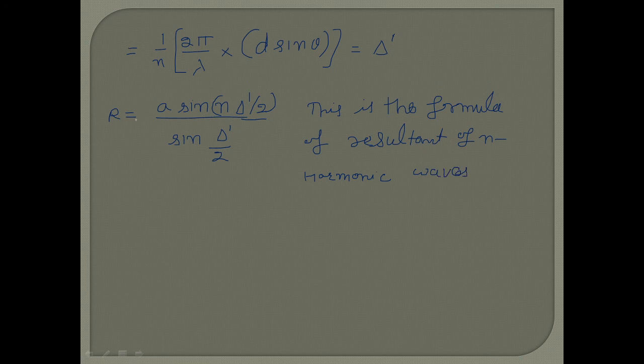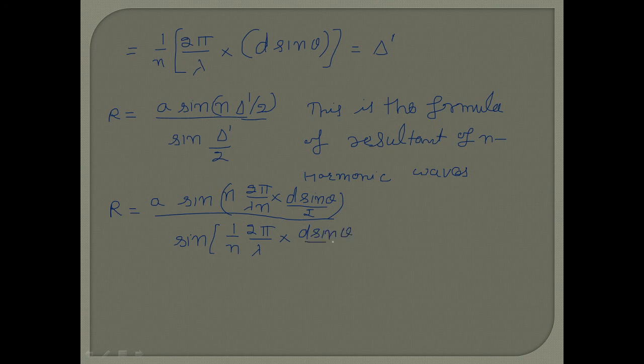Let me put the values of delta dash. This delta dash is equal to 1 by n, 2 pi by lambda multiply d sine theta divided by 2.